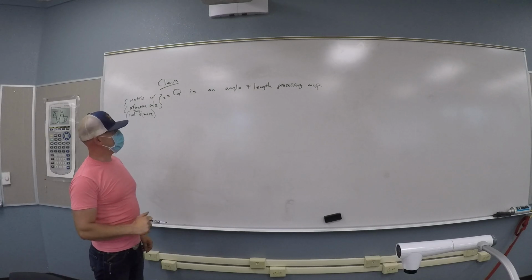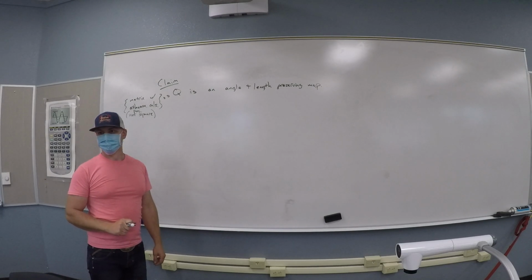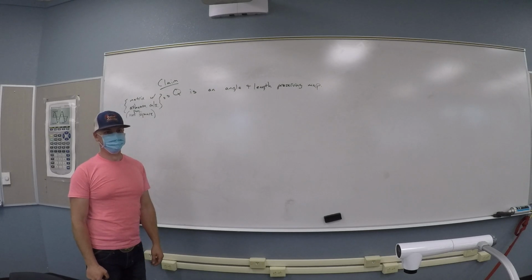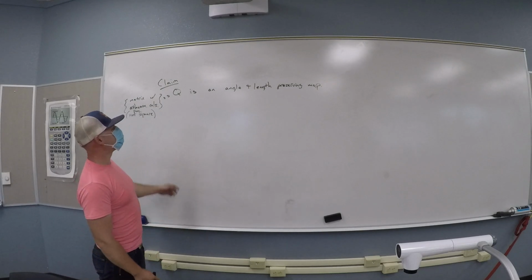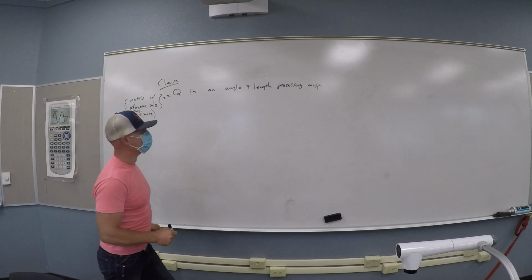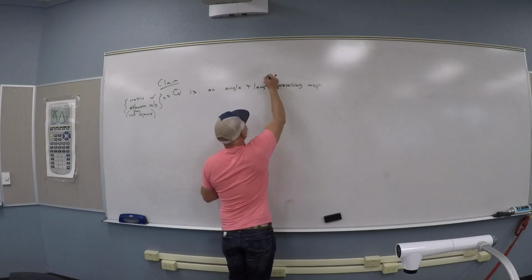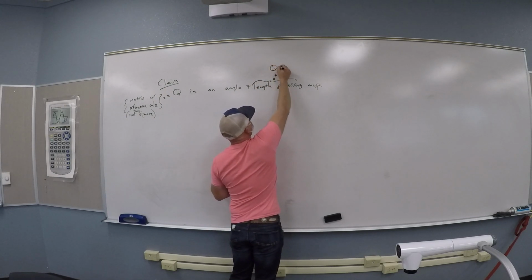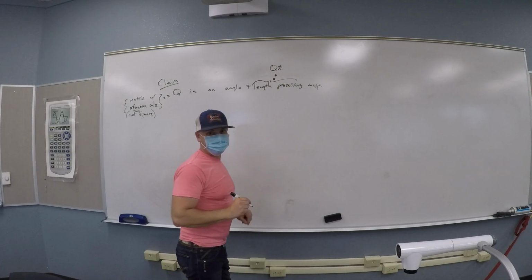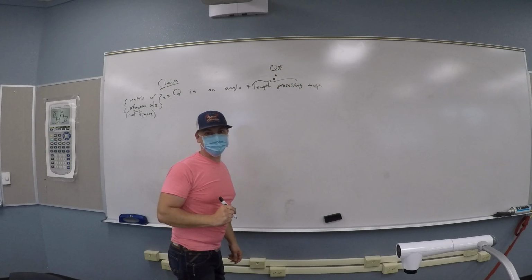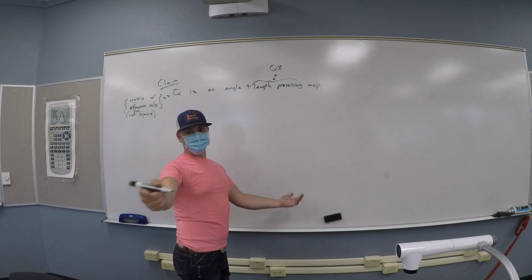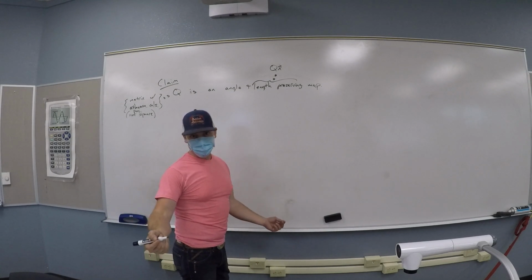What does it mean to be an angle and length preserving map? Okay, so let's define length preserving first. So length preserving is going to mean that if I do Q to a vector, it doesn't change the length, right?